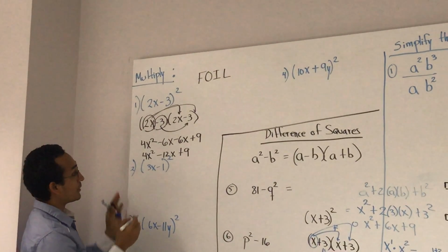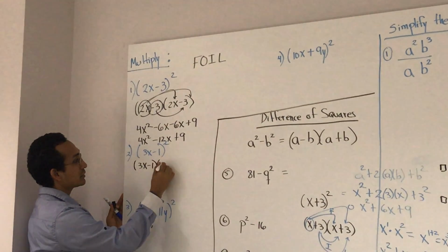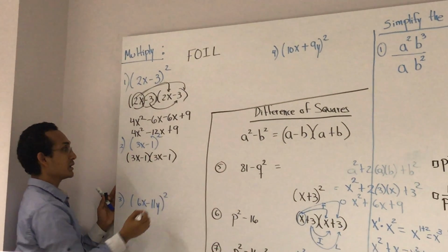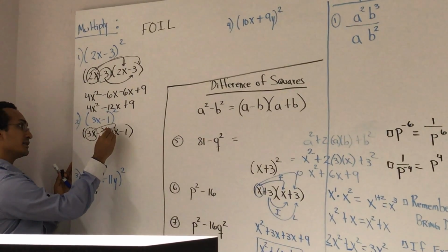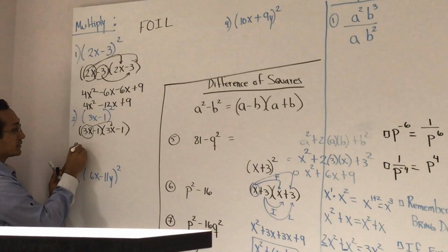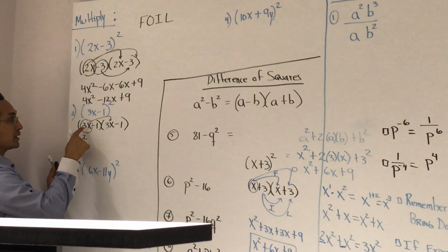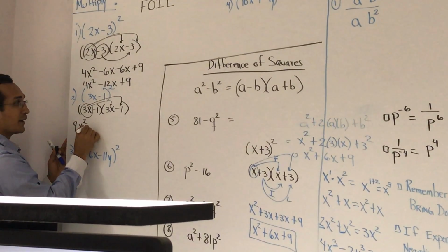So again, copy paste, right? 3x minus 1, 3x minus 1. What's the first? This times this. That becomes 3 times 3 is 9, 9x squared. The outer, 3 times this, minus 3x.